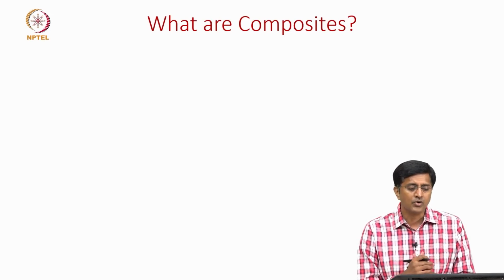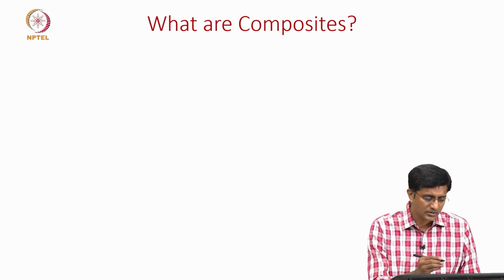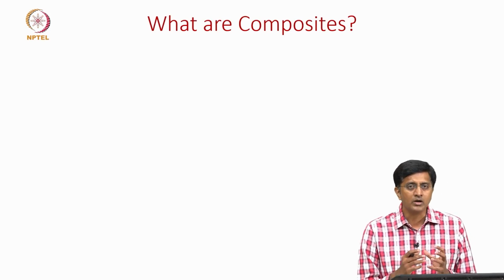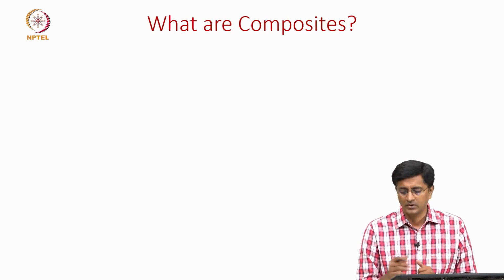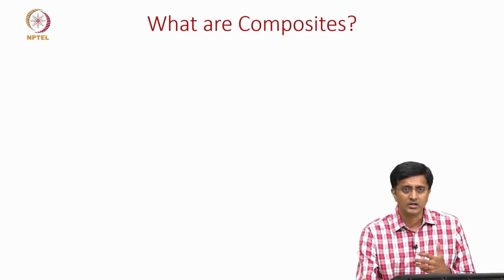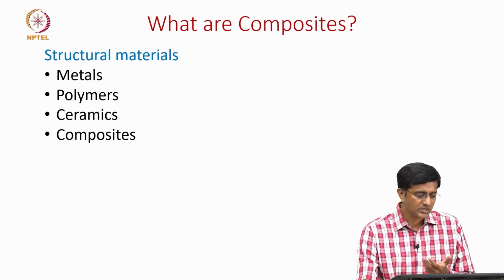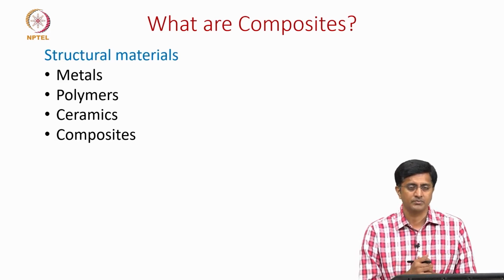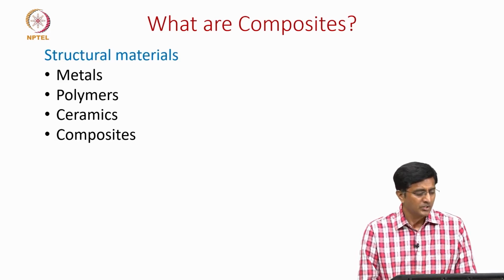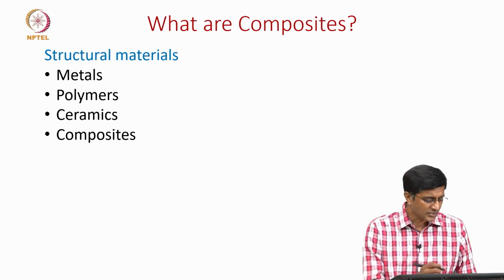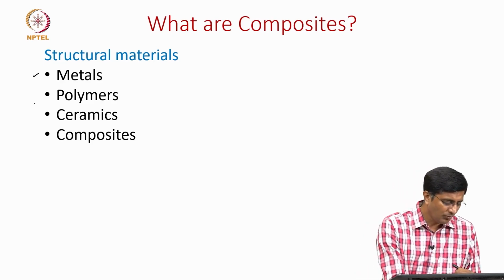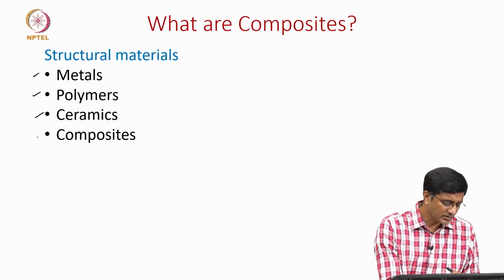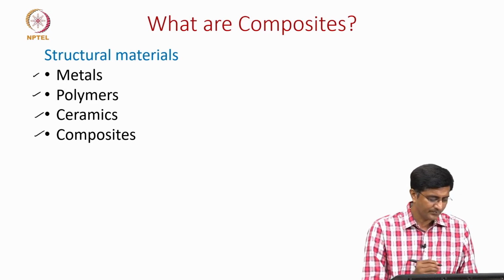So let us now focus on trying to answer the question: what are composites? Composites are materials, specifically structural materials. When we talk about structural materials, usually we categorize them into 4 different groups: metals, polymers, ceramics and composites.